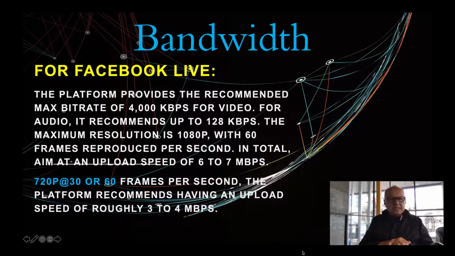It doesn't really mean that you need exactly 4,000 kilobits per second, and if you have 6,000, they're not going to block your stream. Anything 4,000 or above is a good signal for you, and that is what Facebook is asking for.